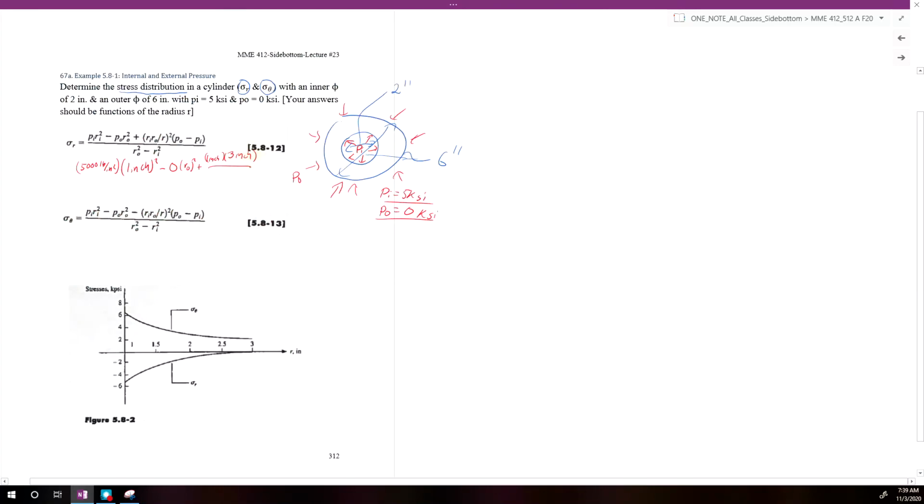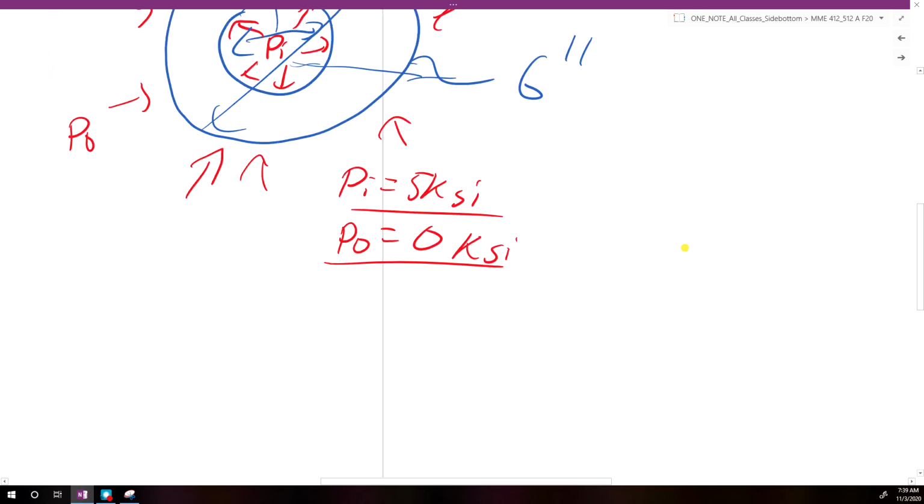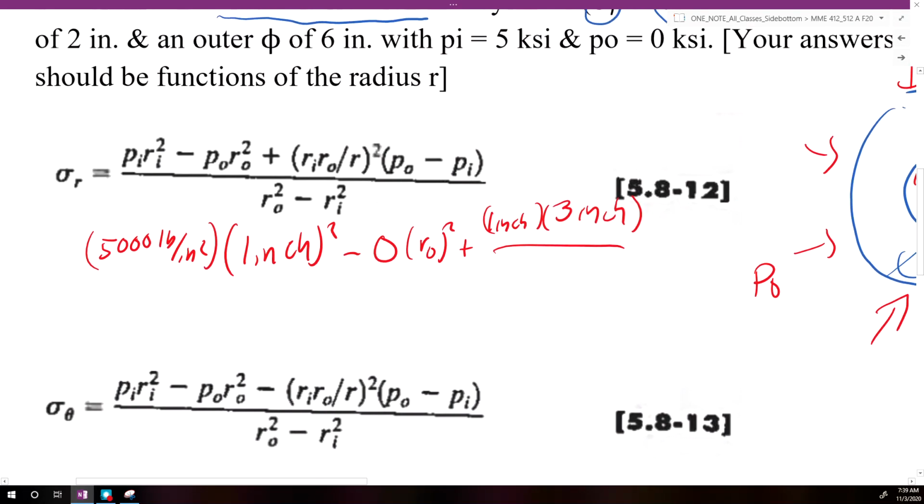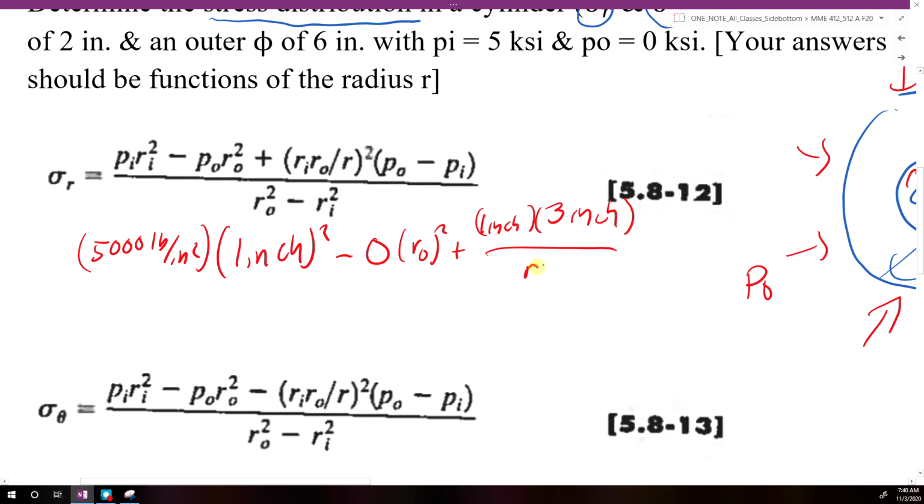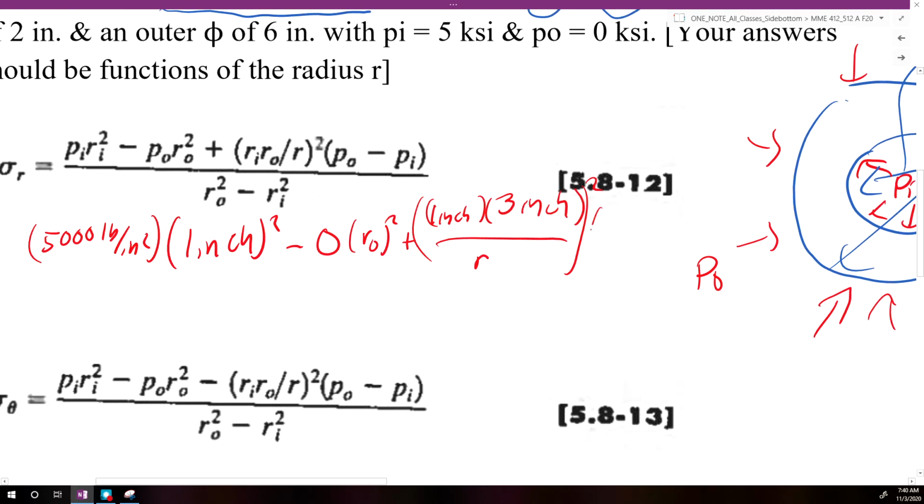All right, and then our radius here. Then we can square both of these terms, and then we take the difference between our internal and our external pressure. So our external pressure is 0, our internal pressure is 5,000 pounds per inch squared.